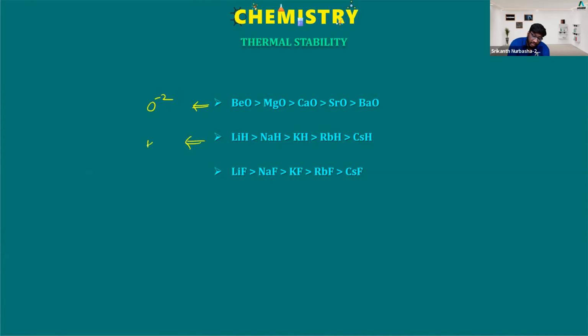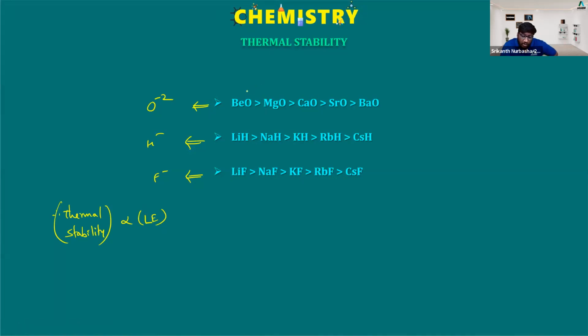Here H minus ion. Here F minus ion. All these are monoatomic anions. Therefore, thermal stability is directly proportional to lattice energy, because for monoatomic anions, thermal stability is directly proportional to lattice energy. For polyatomic anions, thermal stability is inversely proportional to polarizing power.